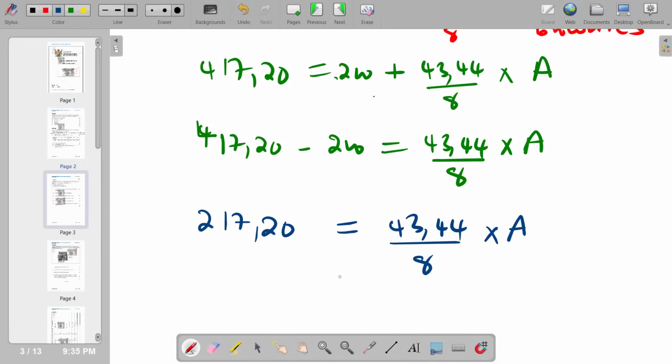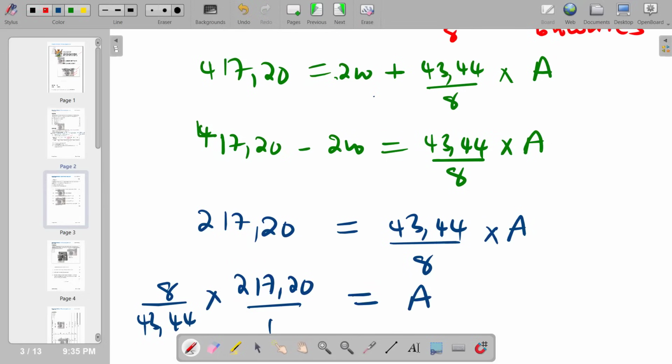So we say 8 over 43.44 times 217.20 is equal to A. On this side, multiplying by 8 over 43.44 eliminates the 43.44 over 8.